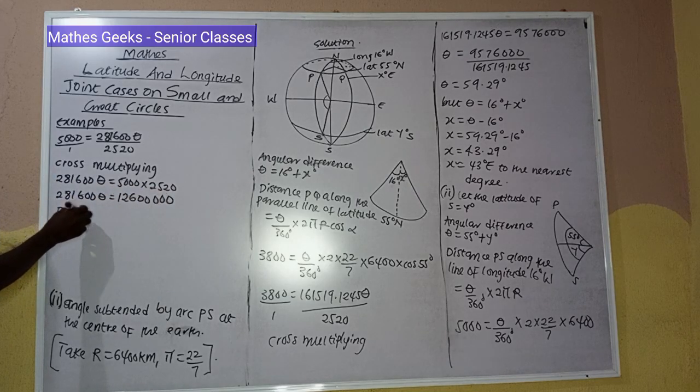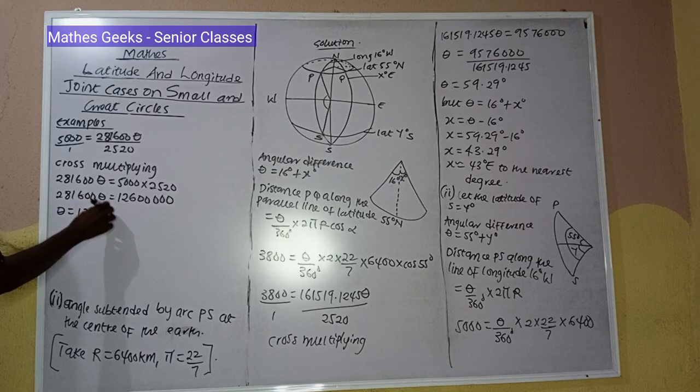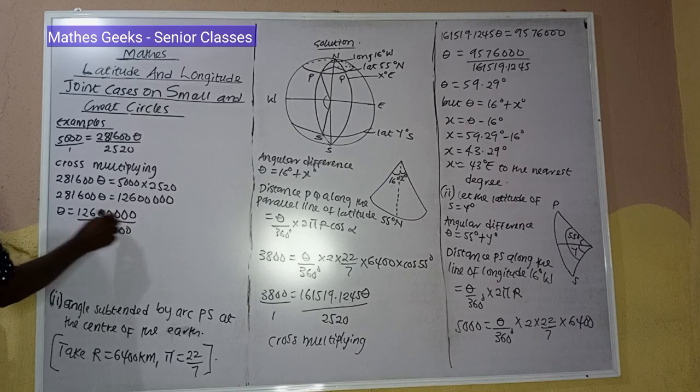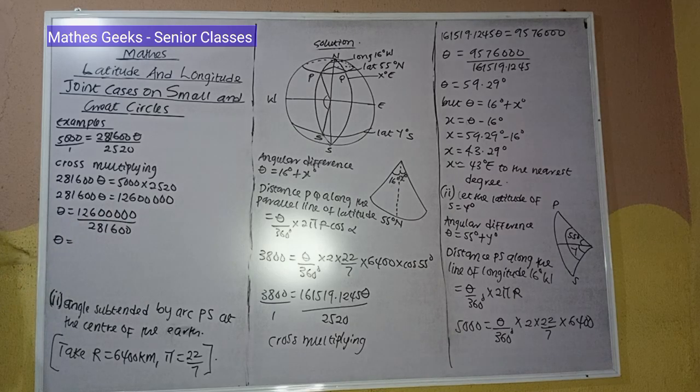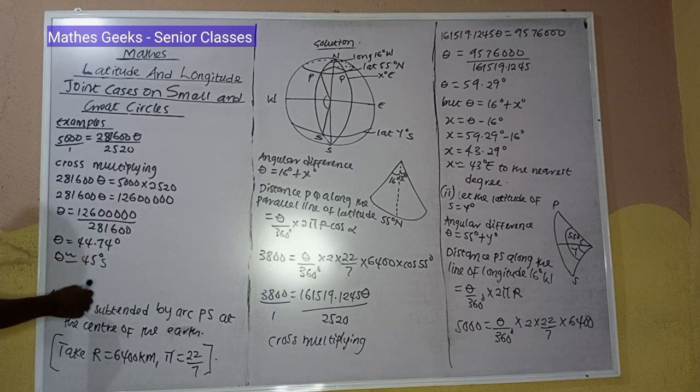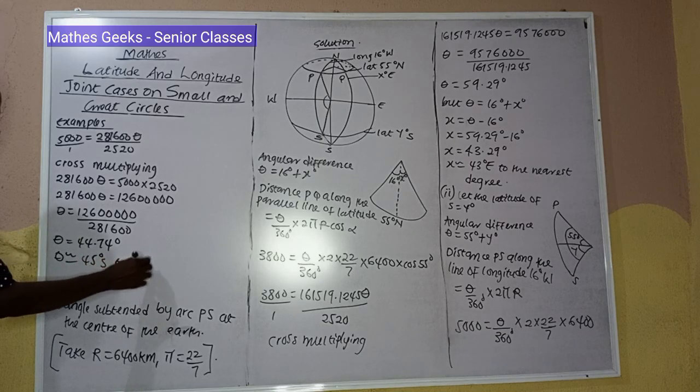So theta is equal to 12,600,000 divided by 281,600, which is 44.74 degrees. Approximately, theta is 45 degrees to the nearest degree.